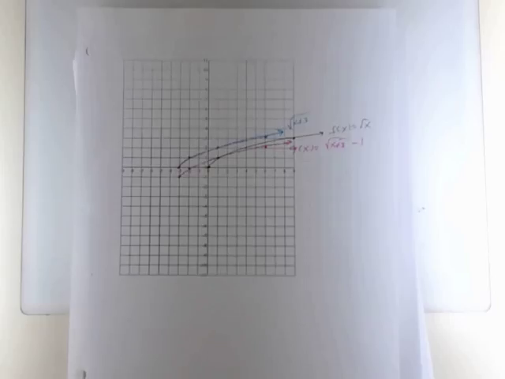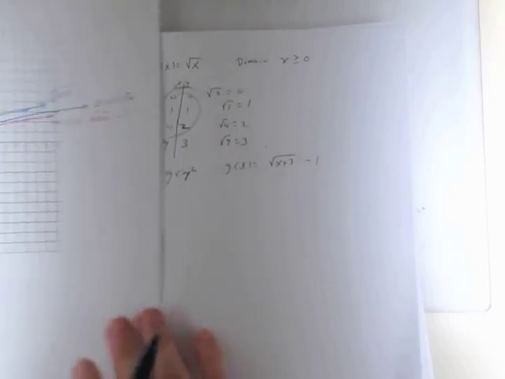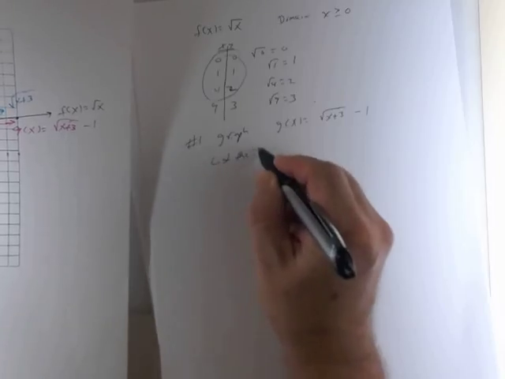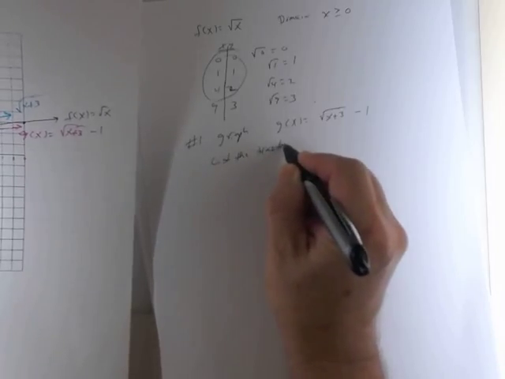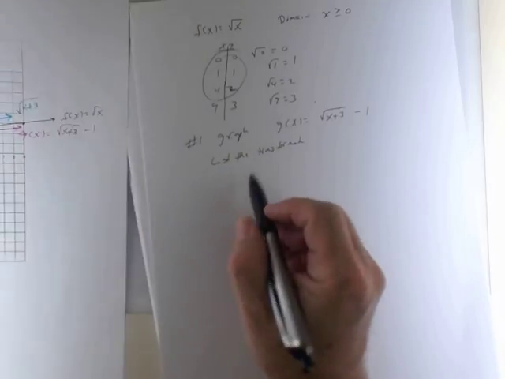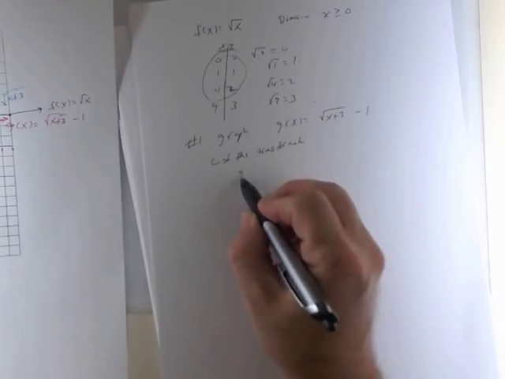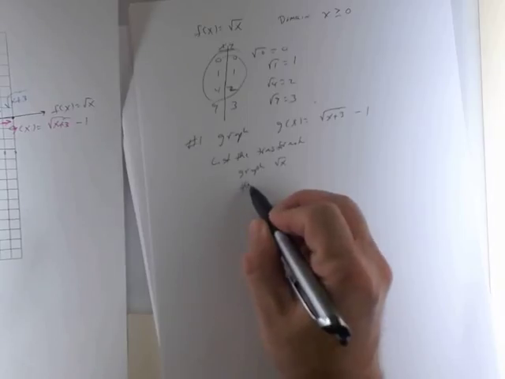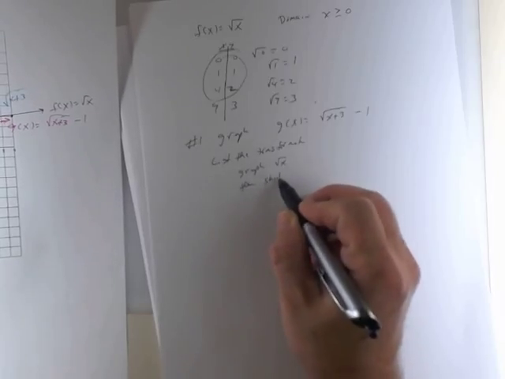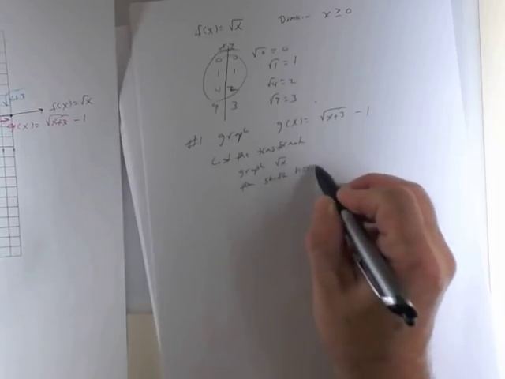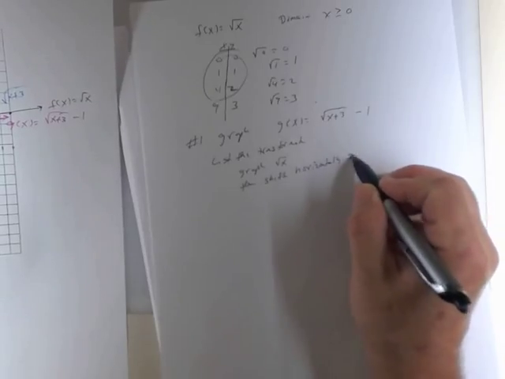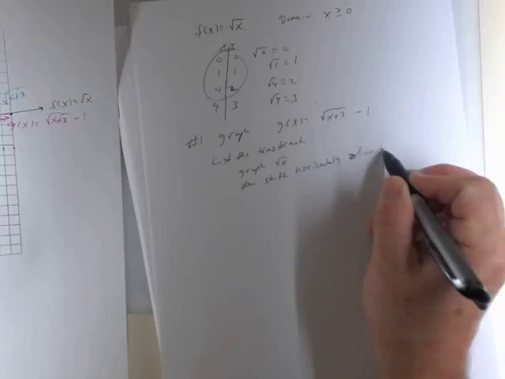When you list a transformation, so the worksheet says to list them, correct? So when you list them, here's how you're going to say it. Make sure you write it like this. You're going to say graph the square root of x, then shift horizontally 3 units to the what?